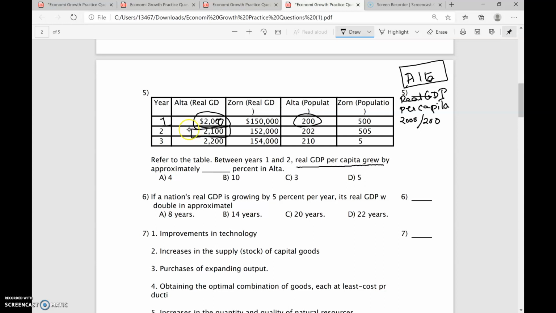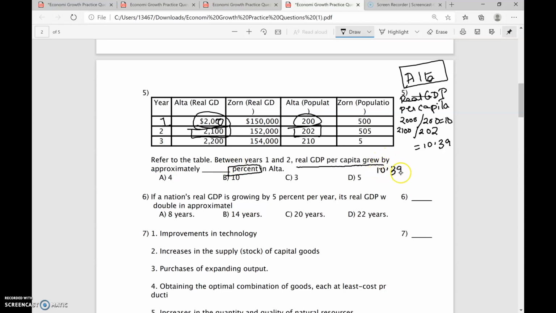The next one is 2100 over 202. So this is equal to 10. Then we have 2100 over 202. This is equal to 10.39. To find the growth rate, it's in percentages.